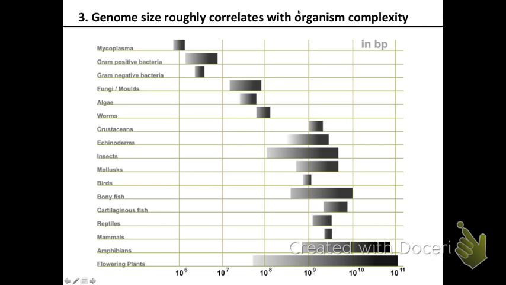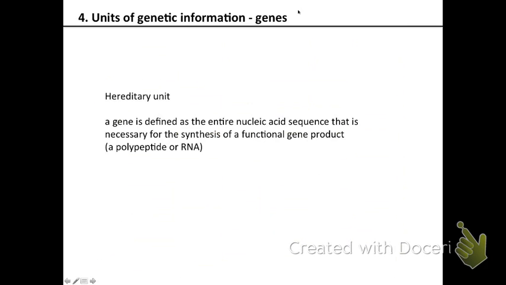All right. So then it shouldn't shock you, the genome size. The genome is all of the DNA inside a cell, right? The genome size roughly correlates with organism complexity. So very small bacteria like Mycoplasma have very small genomes, and as the organism gets more and more complex, such as the mammals, the genome size increases because it contains more information, right?